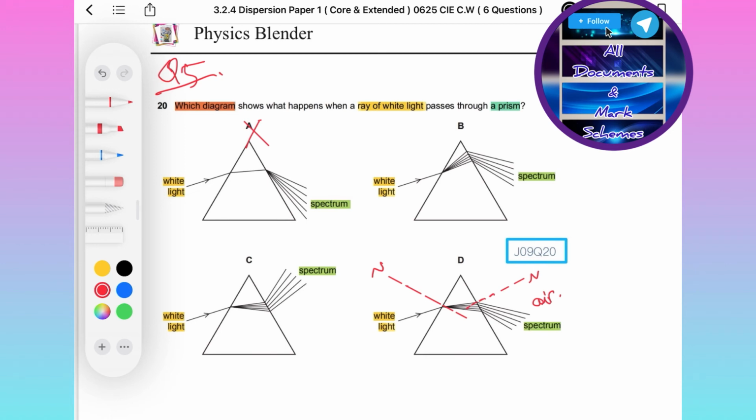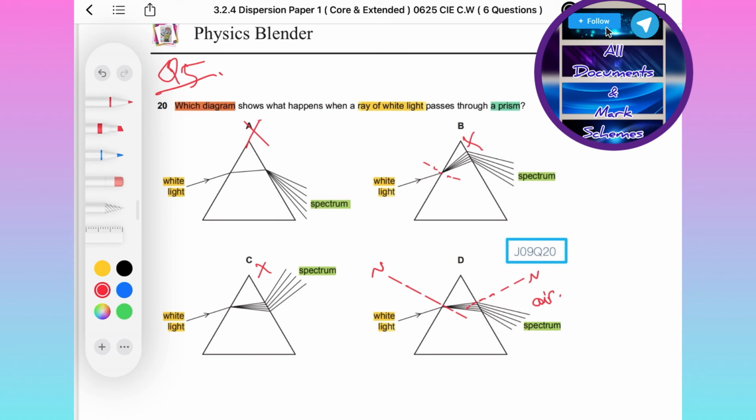So you have to choose between B, C, and D. But C bends in a different direction here. It's not away from the normal, and here also it bends in a different direction. It's not towards the normal at the first face.